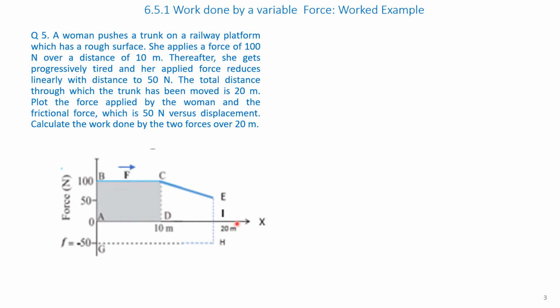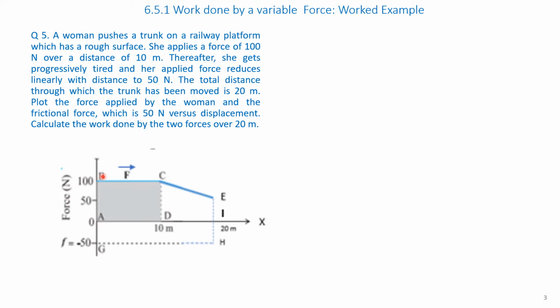So along the x-axis we have displacement. In the y-axis we will plot force. So the forces are given in the y-axis. Point A has 0 newtons and point B has 100 newtons. So force in newtons is plotted in the y-axis.